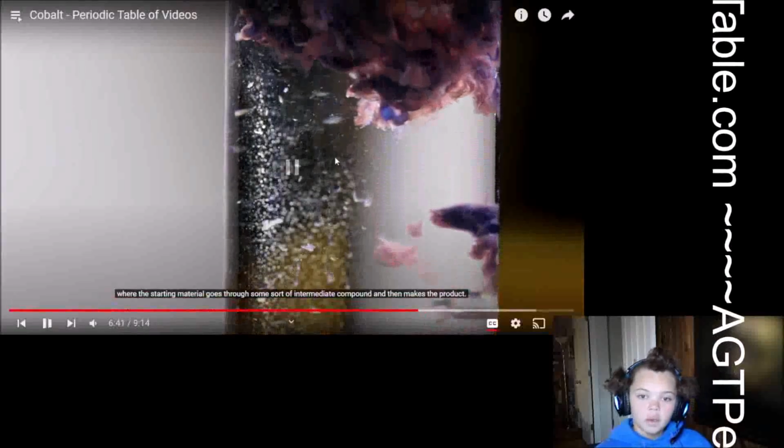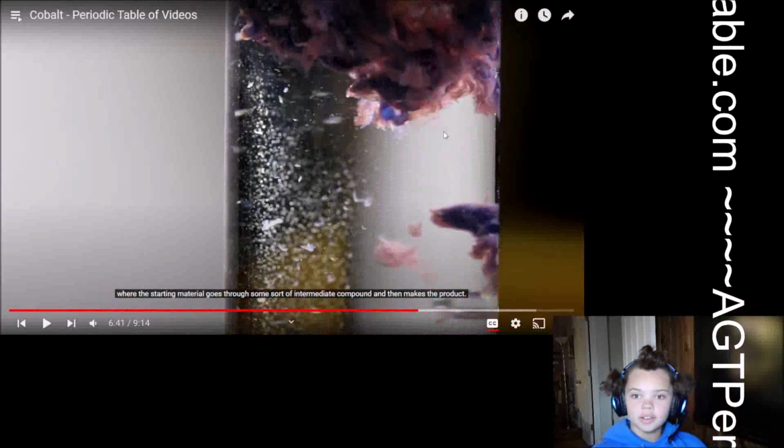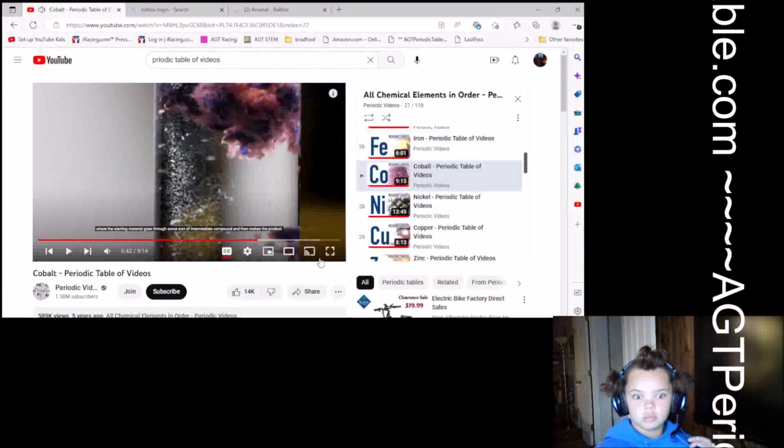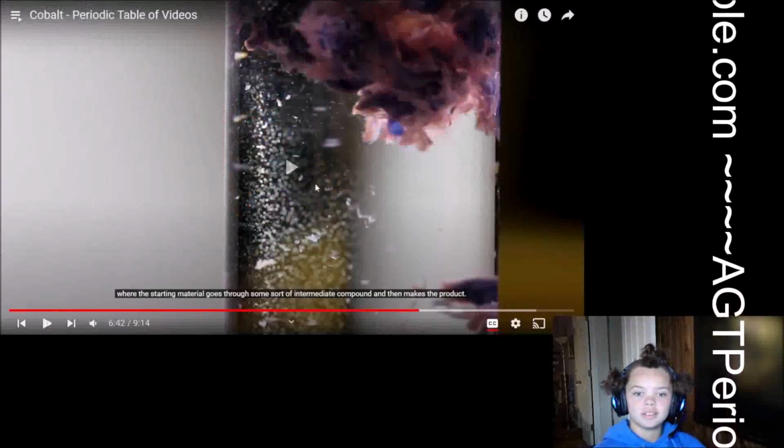So this is an example of a reaction where the starting material goes through some sort of intermediate compound and then makes the product. It looks kind of like cotton candy. You just probably shouldn't eat it. And it makes the intermediate very quickly, and then slowly it goes to the product.